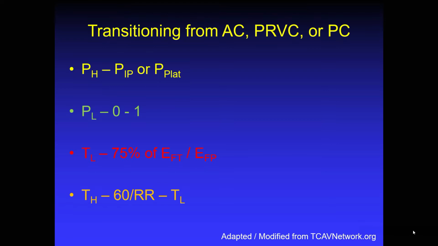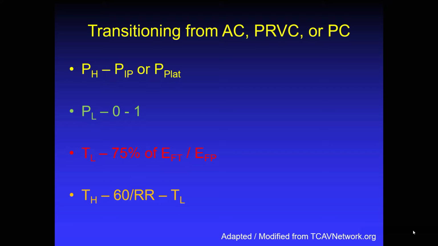Transitioning from a volume or pressure control setting, it usually works to set the P high around the peak inspiratory pressure or the plateau pressure, and the T high such that an appropriate respiratory rate is maintained.